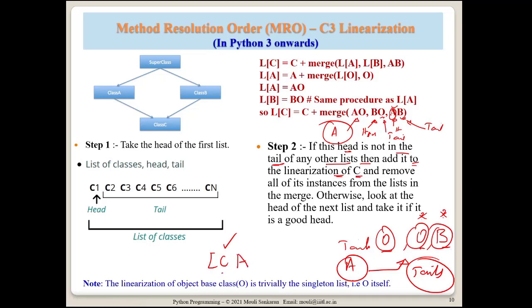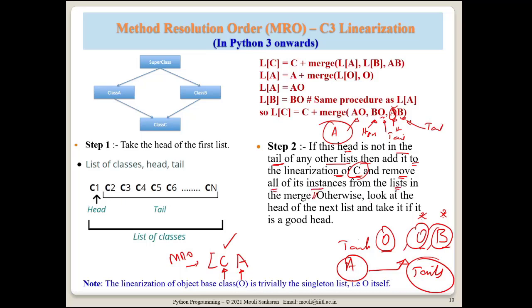So I can confidently add A to my list. That means the MRO list has found, if I am not finding it in C, I am going to look for it in A now. I have added it to the linearization of C and now remove all of its instances from the lists in the merge.